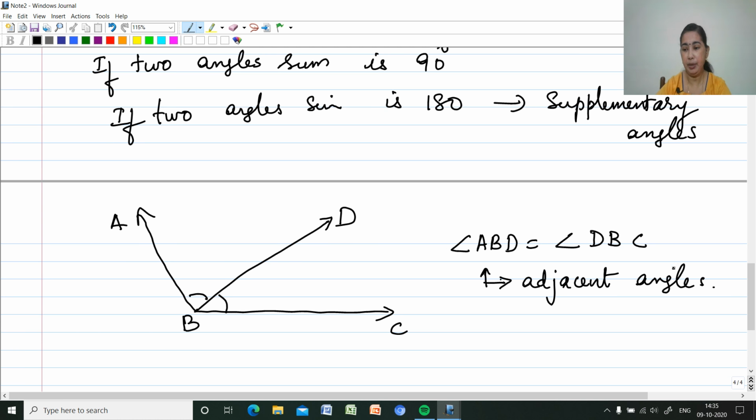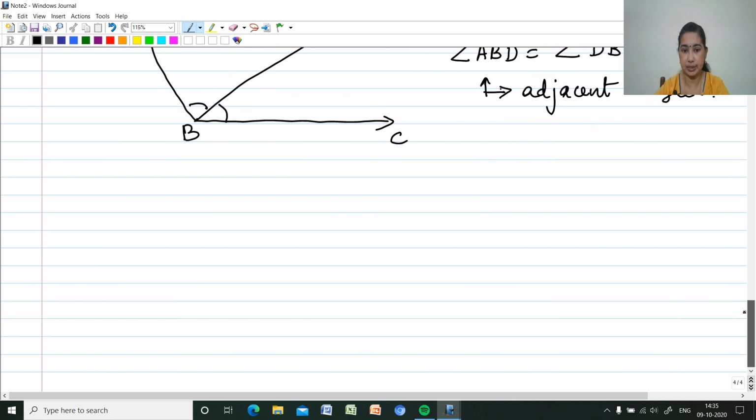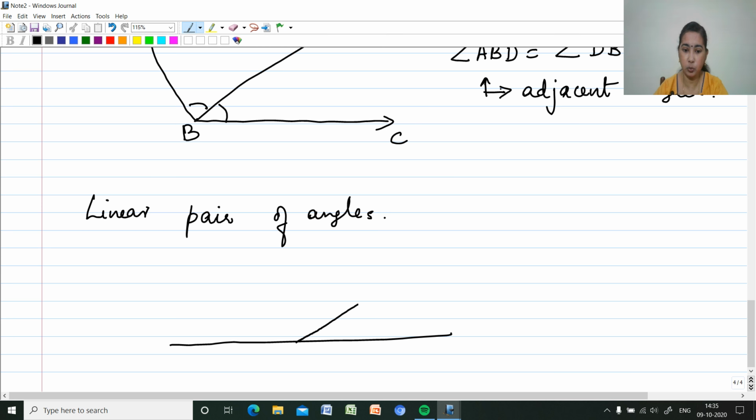Then what do you mean by a linear pair of angles? A linear pair of angles means two angles whose sum is 180 degrees.